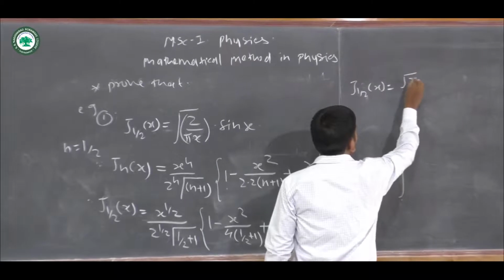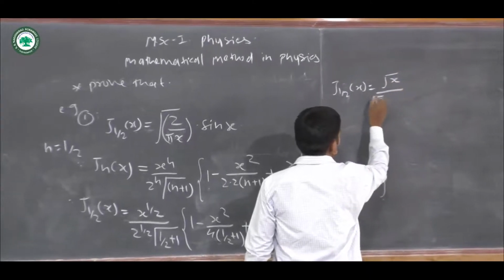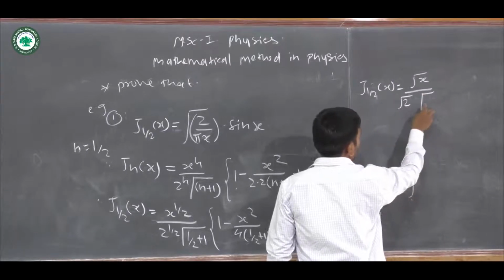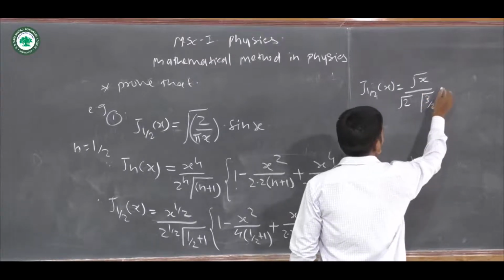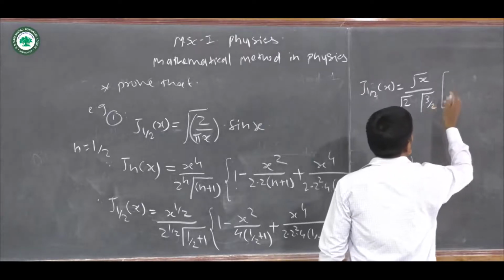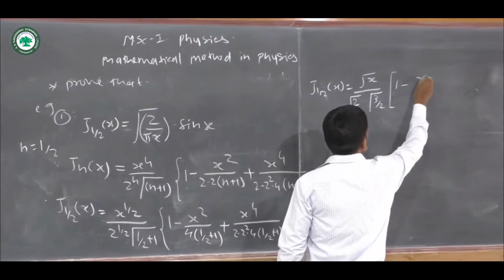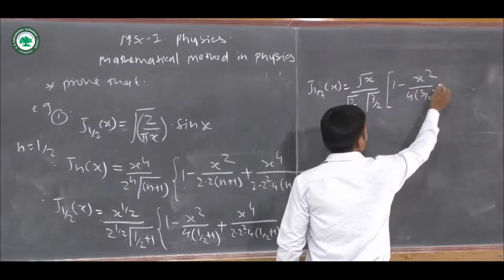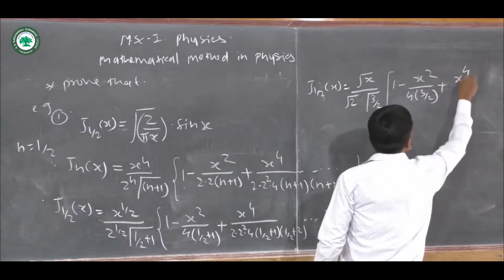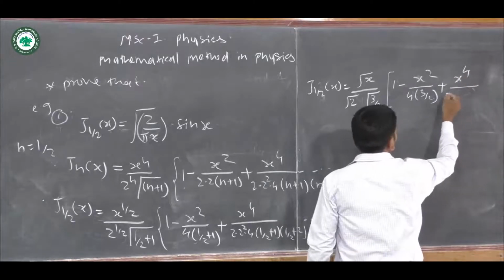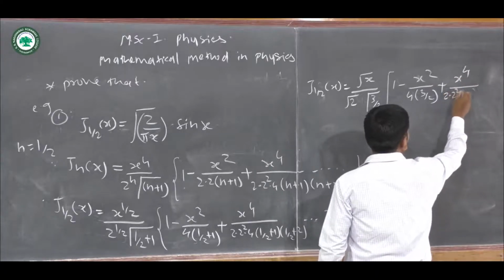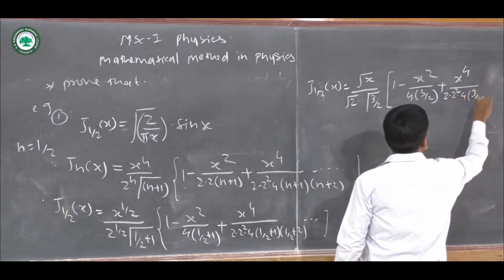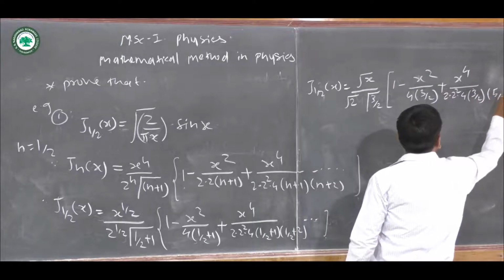So just write here J half equal to under root x divided by under root 2 and gamma 3 by 2, into 1 minus x square divided by 4 into 3 by 2, plus x power 4 divided by 2 into 2 square into 4, 3 by 2 into 5 by 2, and so on.